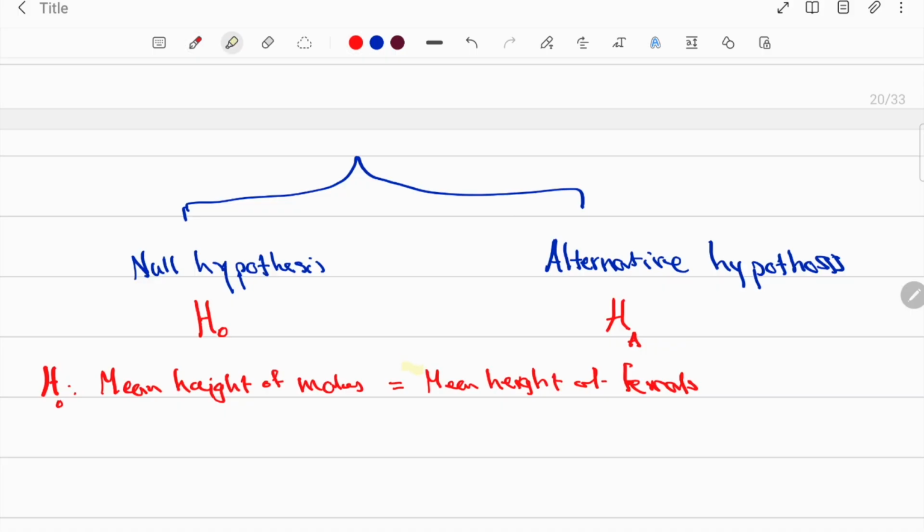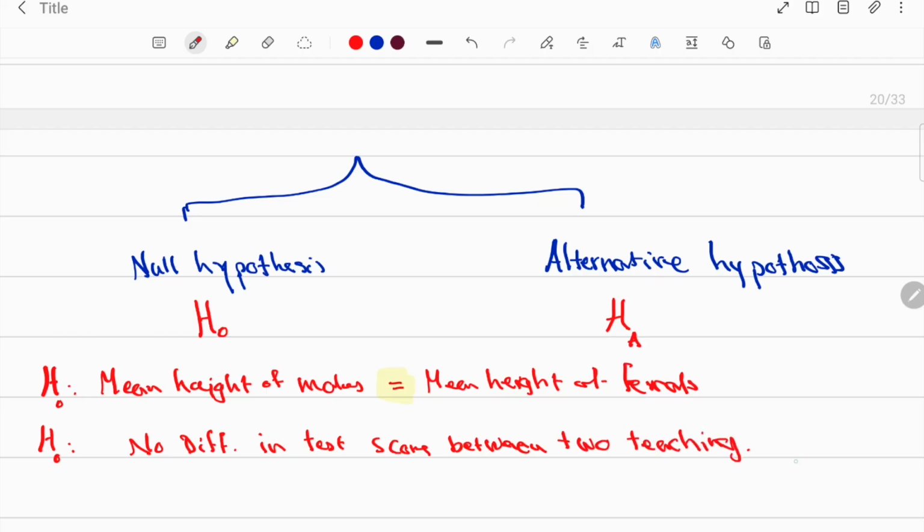It always involves the equality or the status quo scenario. Or it can be there's no difference in the test scores between two teaching methodologies. Okay, teaching methodologies or techniques.